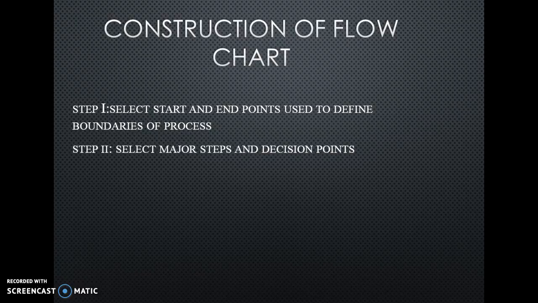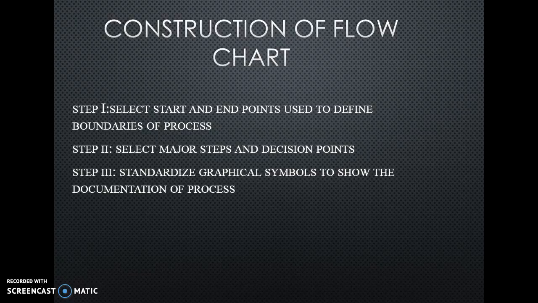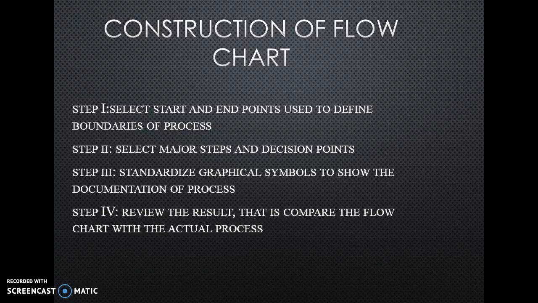Step 2 is to select the major steps and decision points, that is, where the data will be stored and what process will happen after what, which decides the appropriate sequence and the appropriate symbols to be used. The next step is to use standardized graphical symbols to show the documentation of the process, and the next point is to review the result, that is, to compare the flowchart with the actual process itself.